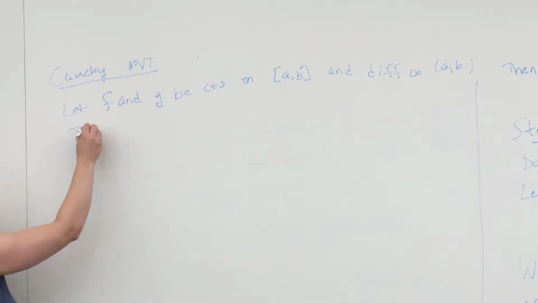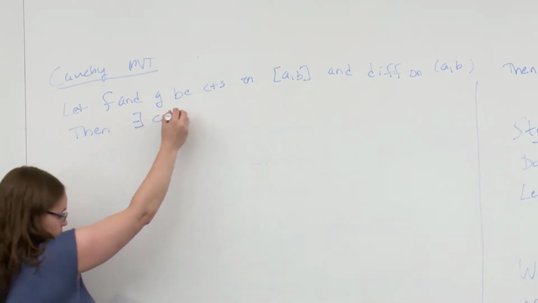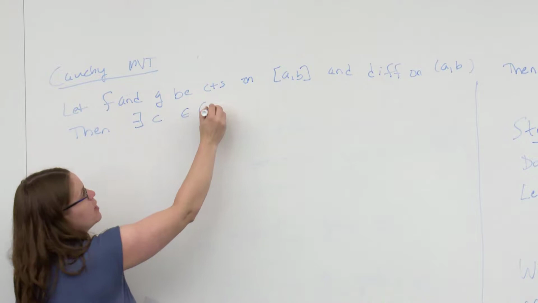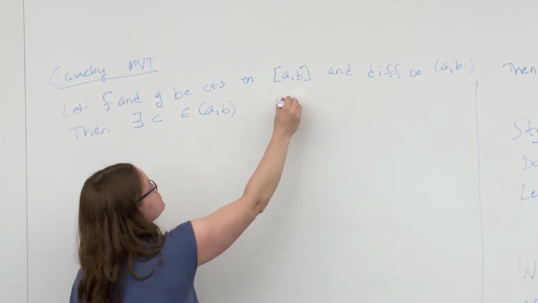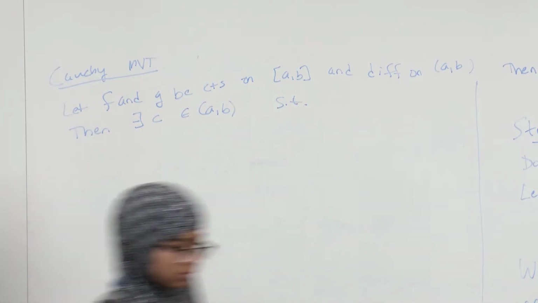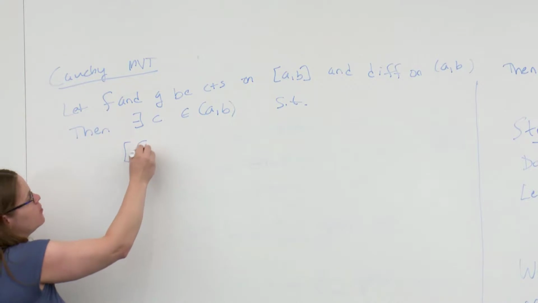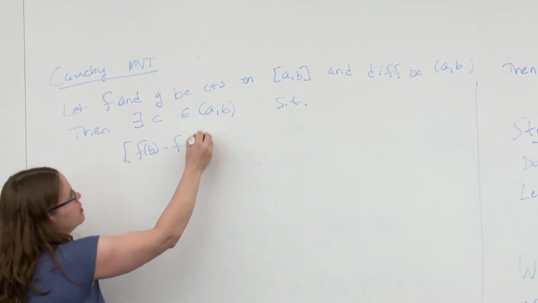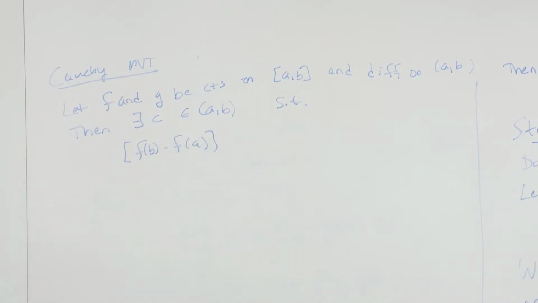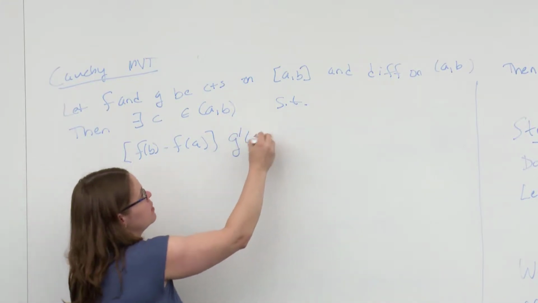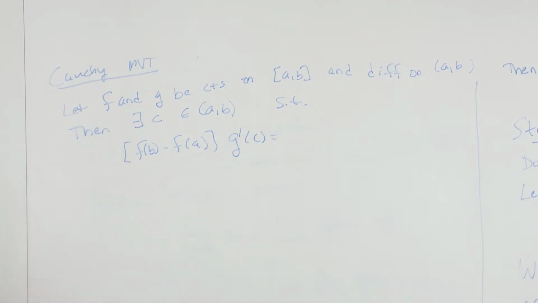Then this says there exists some value in the interval, some number c, such that f of b minus f of a, so this is the kind of difference that we expect to show up, times g prime of c is equal to something symmetric on the right-hand side.